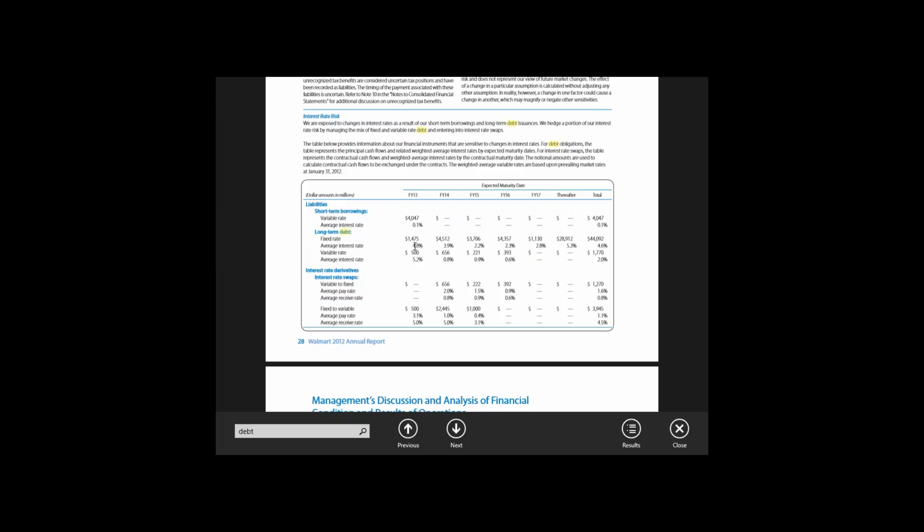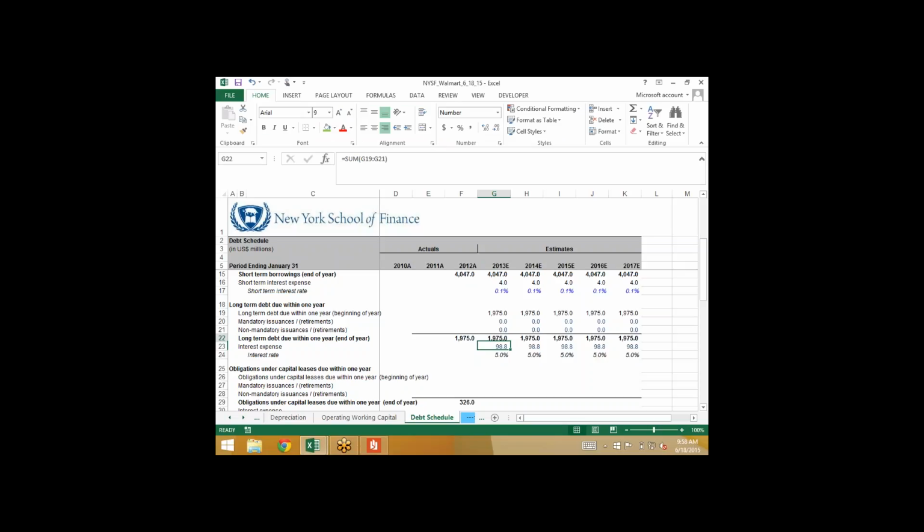If they paid 4.8% on 1475 and 5.2% on 500, I want to know exactly the interest they're going to pay in 2013 based on this 1900. So we have 1900, 1975, right? Same thing, 1975.